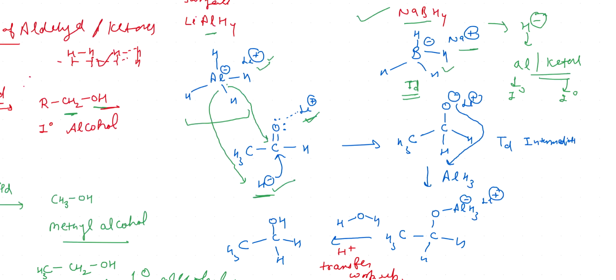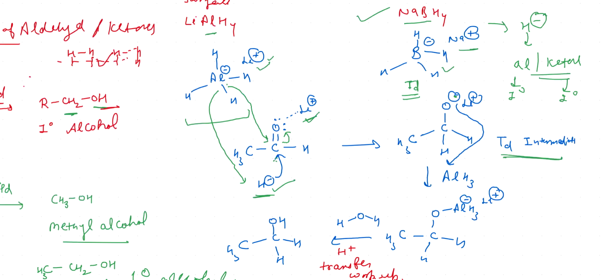So what is happening next? There is formation of a tetrahedral intermediate. When this H negative attacks, there will be shifting of the pi electrons toward oxygen. Then the oxygen will get a negative charge, and you will obtain the tetrahedral intermediate.